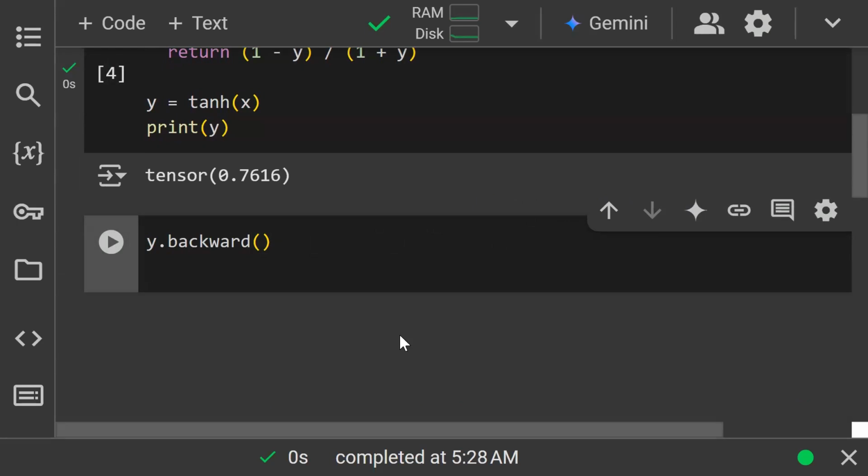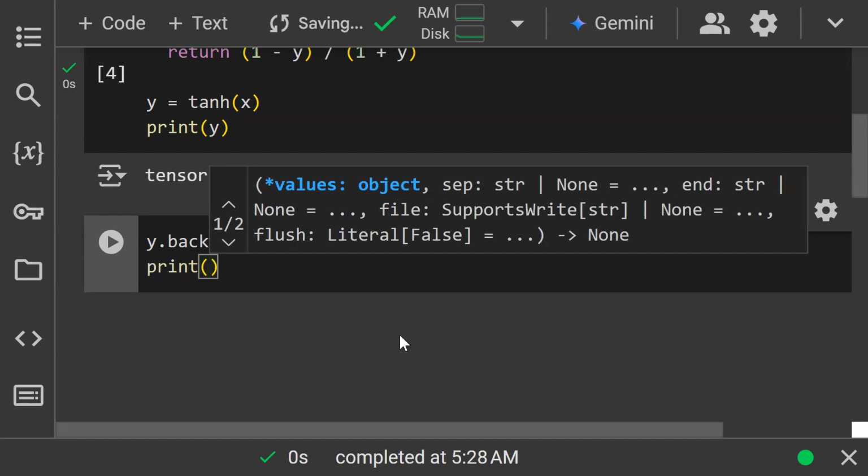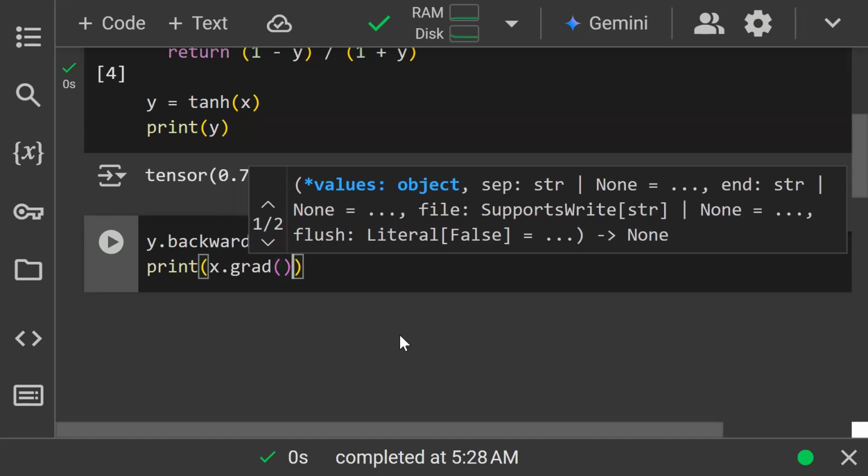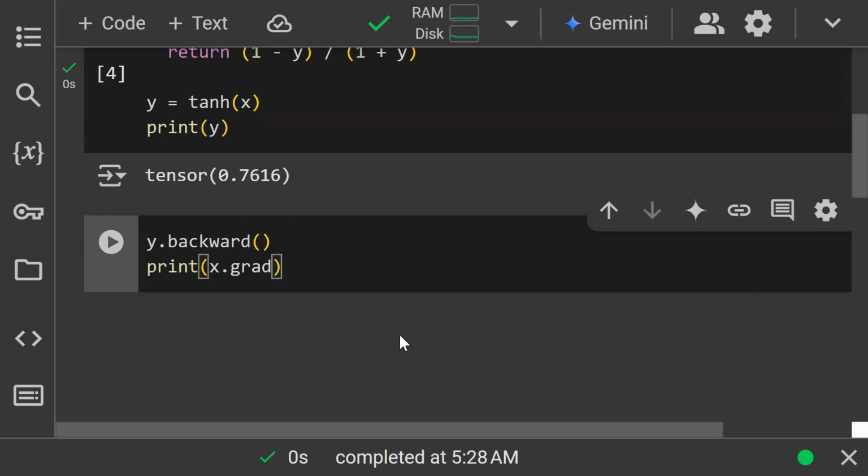So you trigger the backpropagation, and after it is done, the derivative is stored at x.grad.